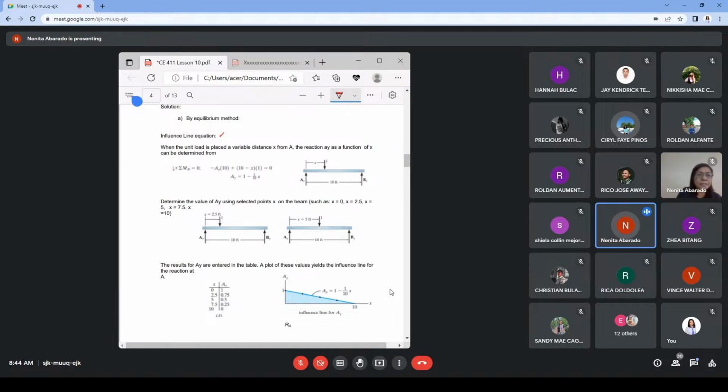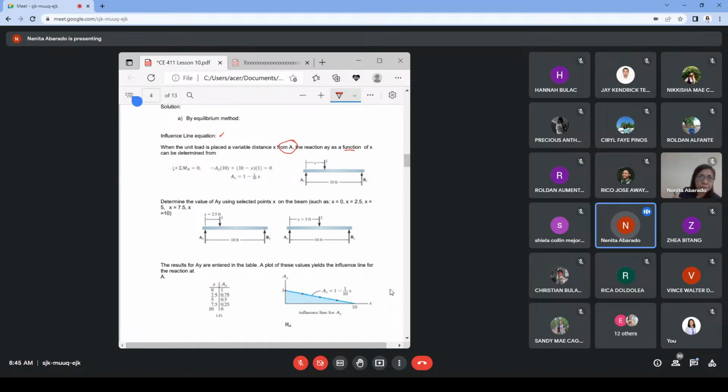So let's say we are going to construct the influence line of a function, and our function here is a reaction. At point A, di ba sabi, at a specified point.